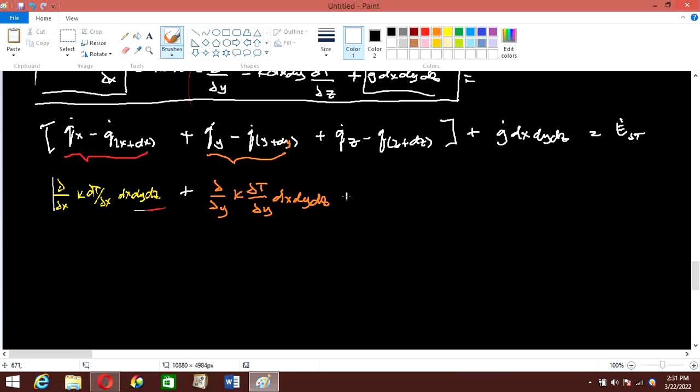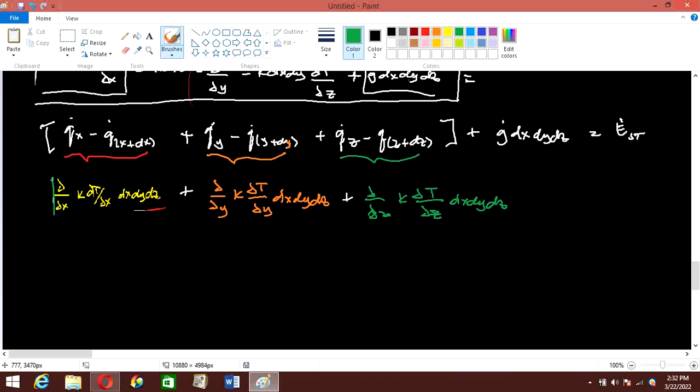Okay? And then plus this term. So using also the same principle, we have d partial derivative of z, and then we have k partial derivative of the temperature with respect to z, dx dy dz.